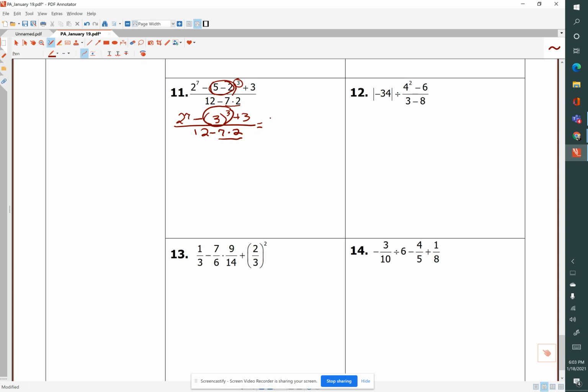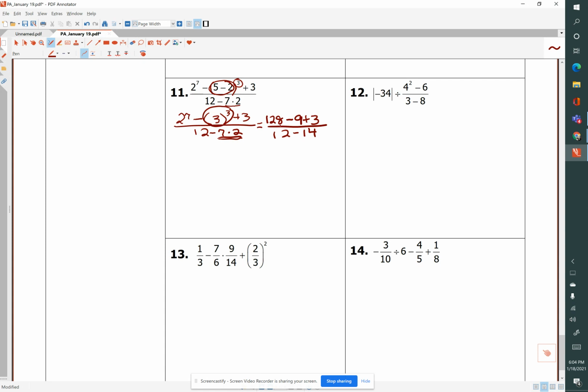So in the numerator, 2 to the 7th power, which is 2 times 2 times 2 times 2 times 2 times 2 times 2, which is 128, minus 3 to the 3rd power, which is 9, plus 3. And in the denominator, 12 minus 14. We're doing the 7 times 2.